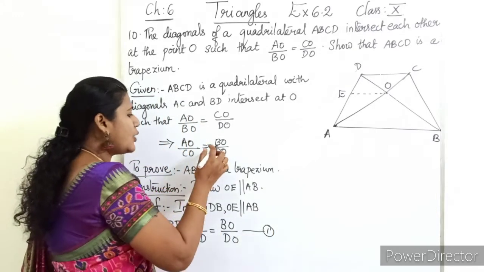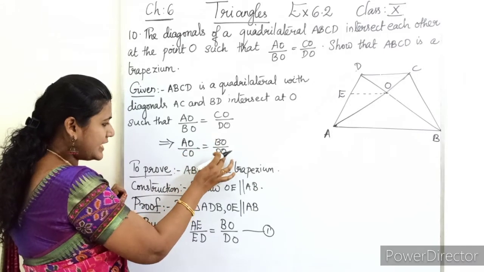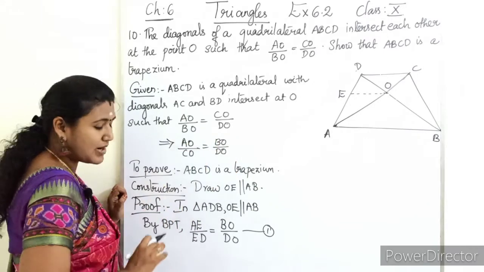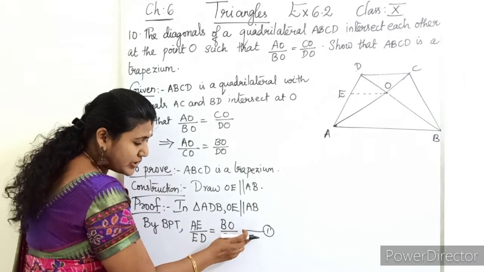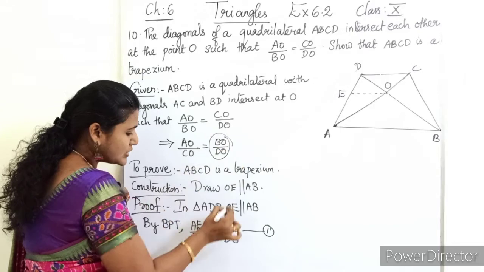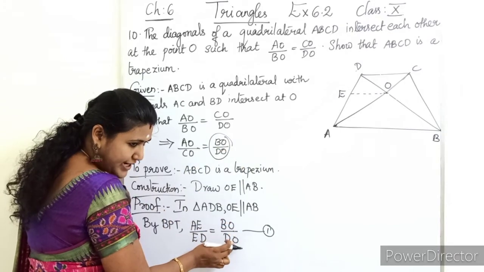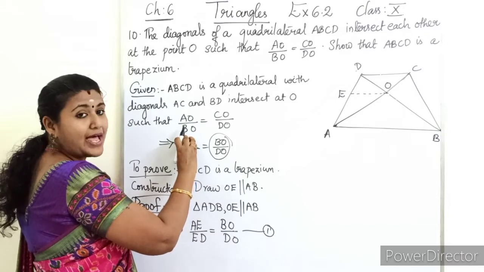Now you see here, what is the condition given in the question? BO by DO is equal to AO by CO. What is equation number 1? On the right side we have BO by DO. So in equation number 1, instead of this BO by DO, we will write this value.